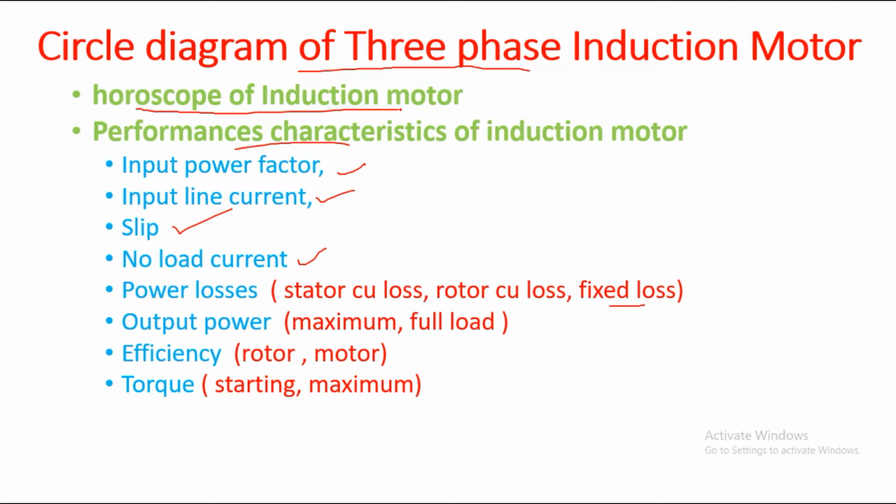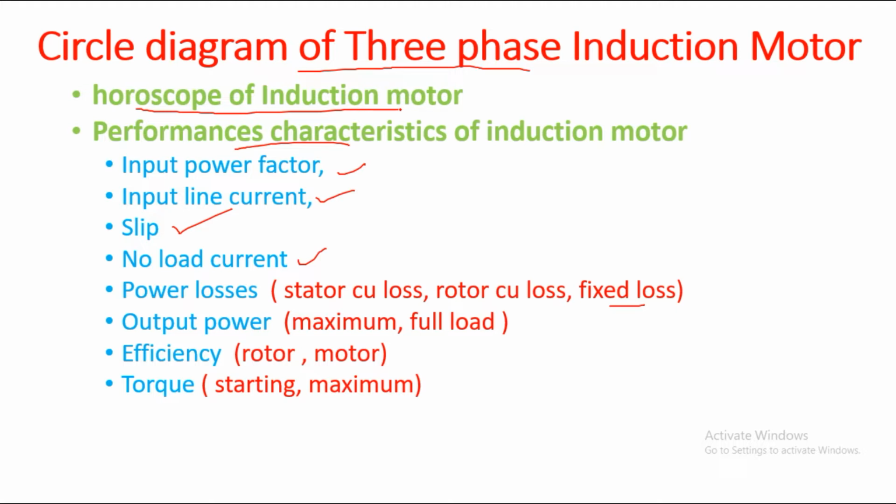In a phasor diagram, we find a relationship between voltage and current, that is the supply voltage and the supply current drawn from the supply, for a single particular operating condition. Whereas in a circle diagram we find all the operating parameters related to one electrical machine under different operating conditions, not only for a single operating condition.